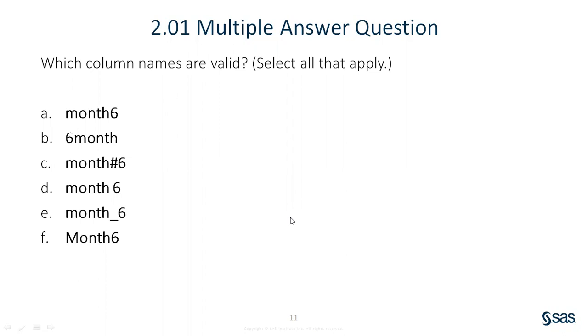A and F start with a letter and underscore. B starts with a numeric, so B is not correct. C has a hash sign; underscore is allowed, but not the hash sign. So A, D, E, F.